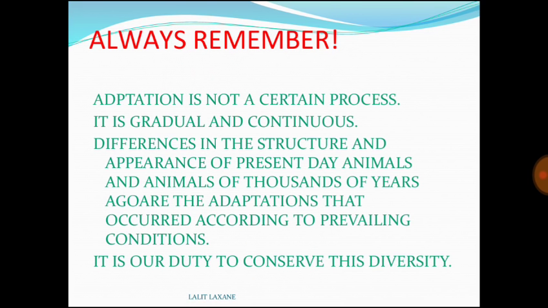Always remember, adaptation is not a sudden process. It is gradual and continuous. Differences in the structure and appearance of present animals and animals of thousands of years ago are the adaptations that occurred according to prevailing conditions. It is our duty to conserve this diversity.